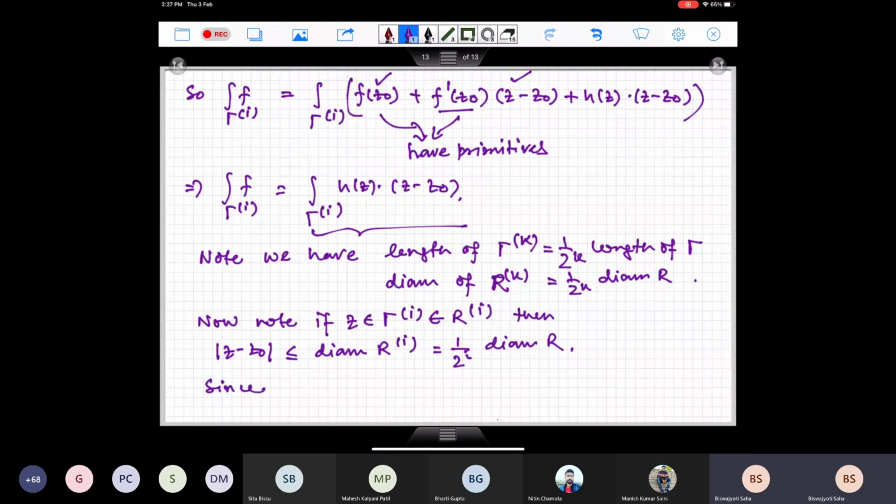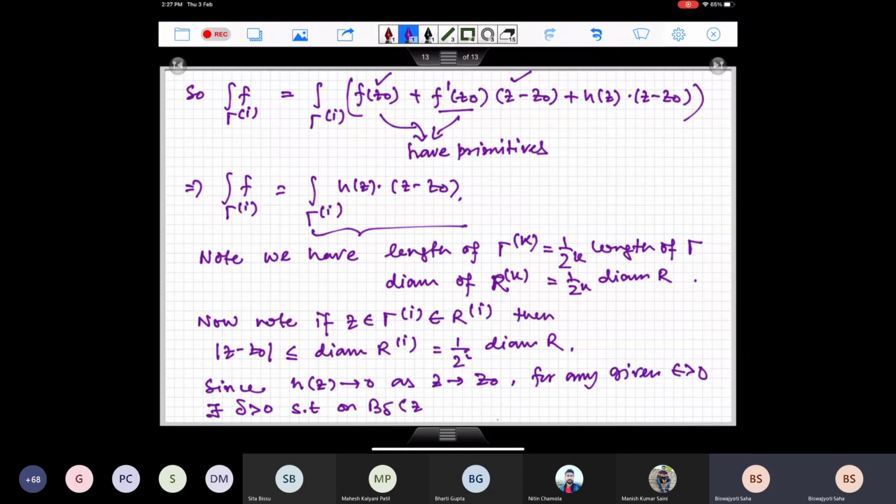Now, what's the property of h? Since h of z tends to 0 as z tends to z naught, for any given epsilon positive, there exists a delta positive such that on the ball B(z naught, delta), mod of h of z is less than epsilon.